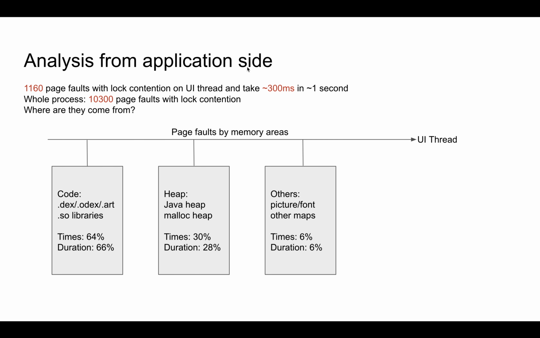Among page faults on the UI thread, about 30% are caused by code file accessing, including application bytecode file, AOT compiled file, and native libraries, and about 30% are caused by heap accessing, including Java and native malloc heap space, and about 6% are from other memory areas such as picture resources, font files, and private areas.